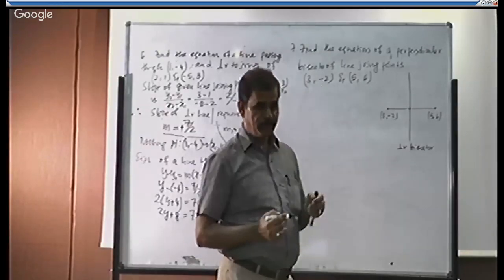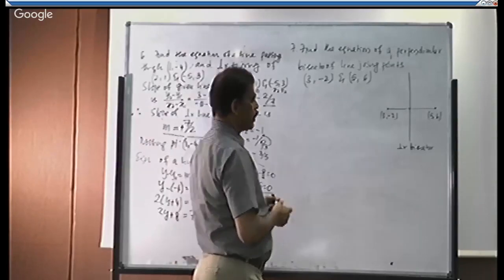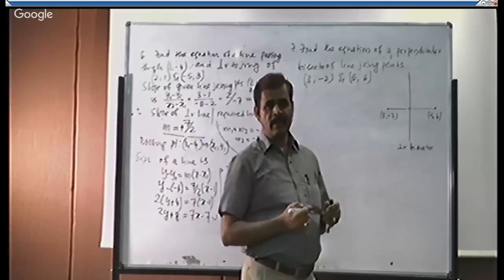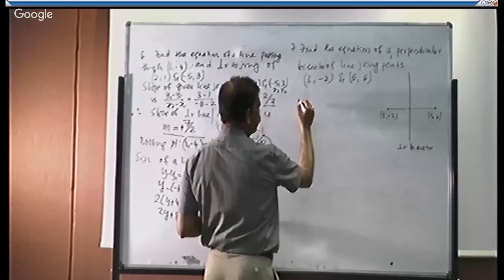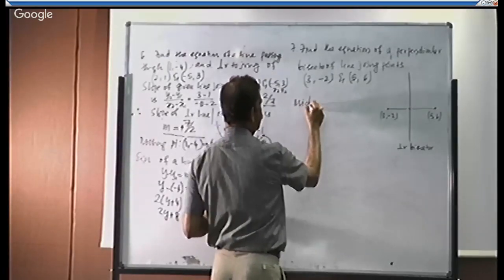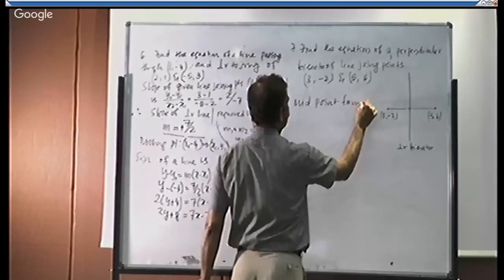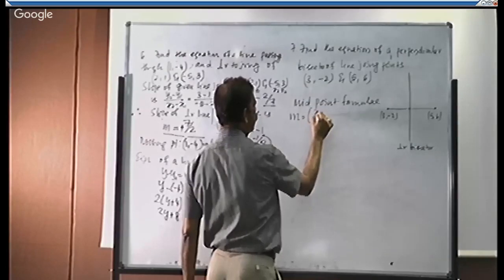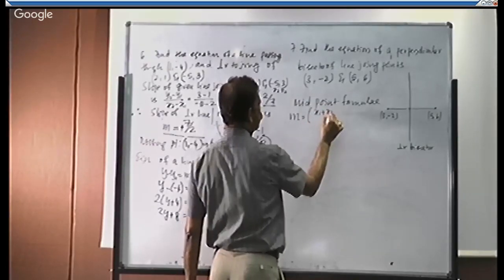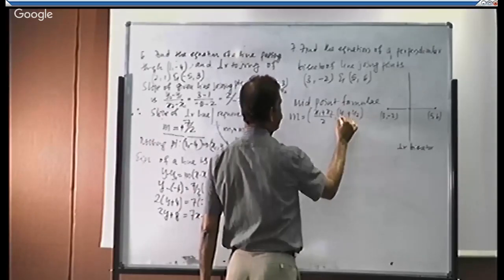Midpoint of these two. In the previous year, at high school level, you might have studied the midpoint formula, right? What is the midpoint formula? The midpoint formula is m is equal to x1 plus x2 by 2, y1 plus y2 by 2.